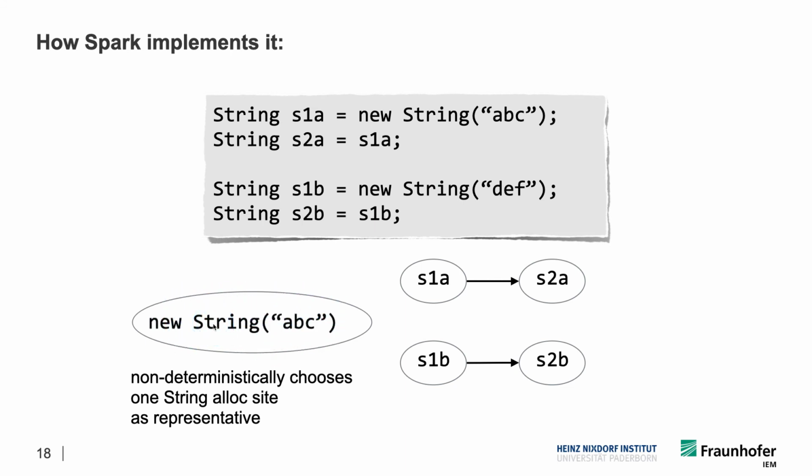And then it simply adds these allocation edges that you see here, right? Because there is a string typed allocation site being assigned to S1A right here. And it will also use this arrow here because there's also such an allocation site assigned to S1B. And now it simply determines reachability, right?